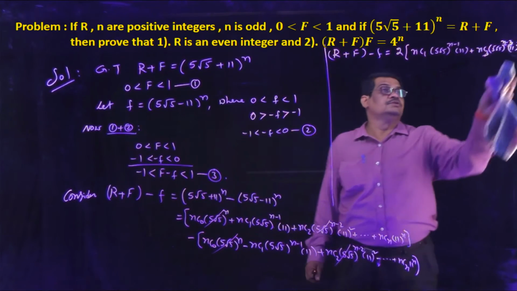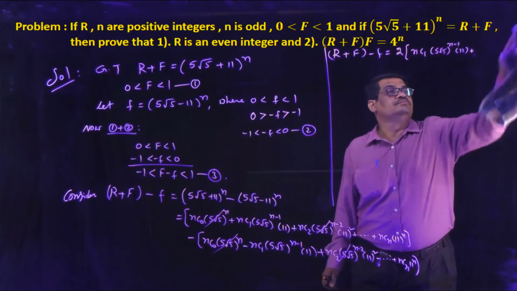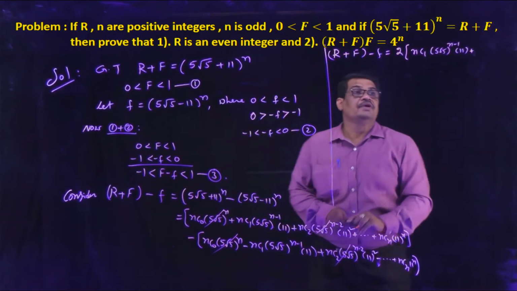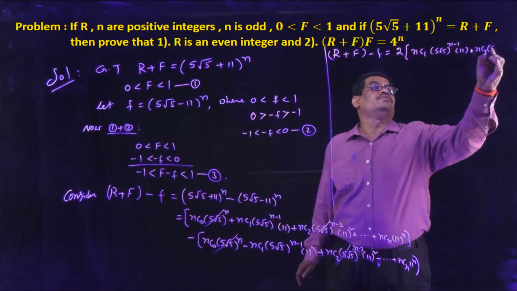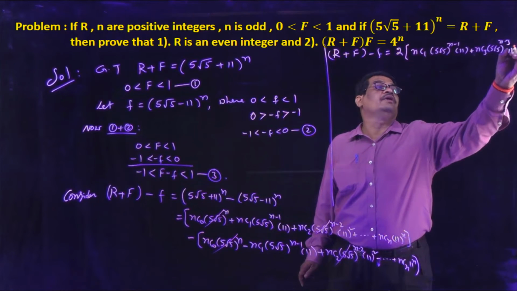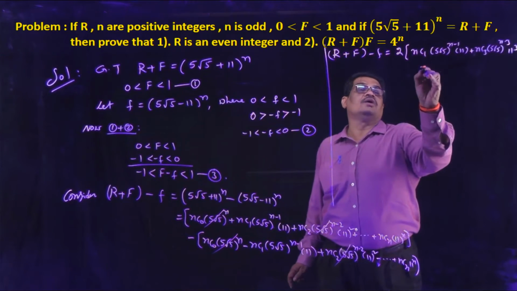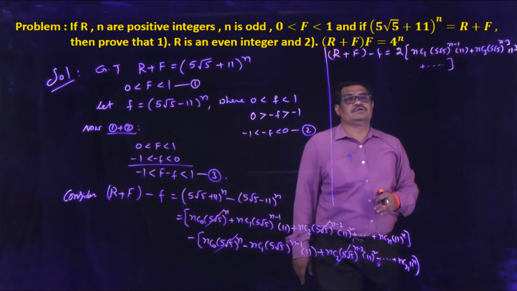Okay, now we are writing this one: nC1, nC3 (5√5)^(n-3) · 11³ and so on. These are the terms remaining.